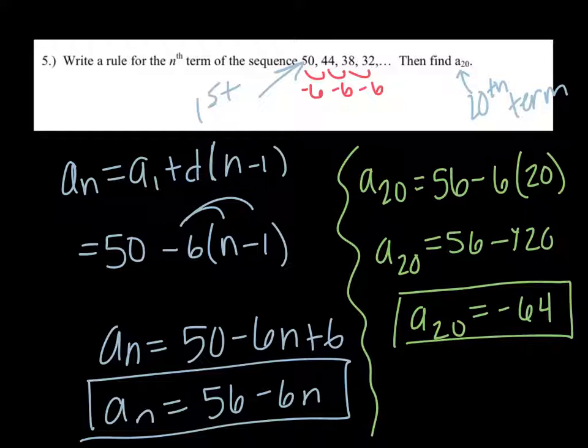I'm going to continue on here and look at trying to write a rule if we're given a difference and a term number rather than just a couple of terms. It gives you one term, the 13th term, which it says is equal to 30. And then it gives you the common difference, which it says is 3/2. So it wants us to write a rule. Just fill in what you know.